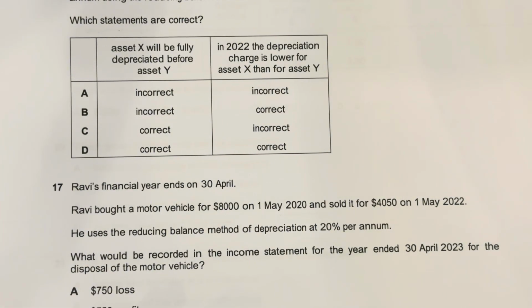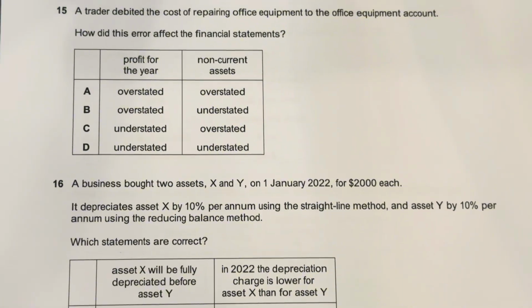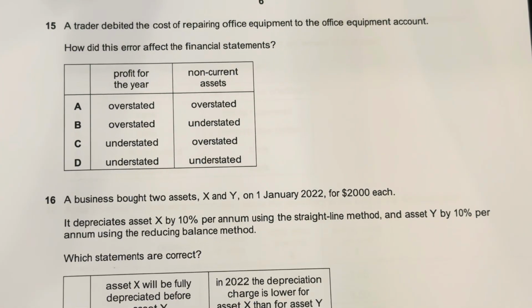Now we will move to question number 15. A trader debited the cost of repairing office equipment to the office equipment account. How did this error affect the financial statements? First, we need to know that the cost of repairing equipment is an expense, but we added it to our asset, so our profits would be overstated.